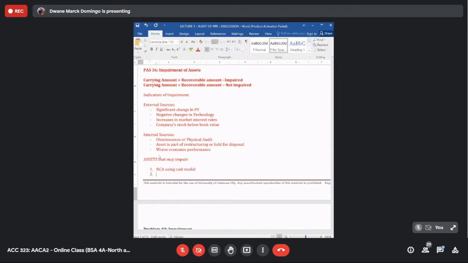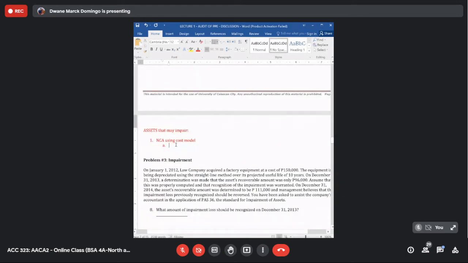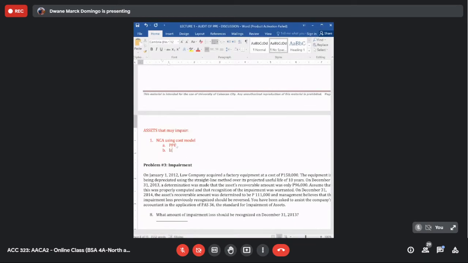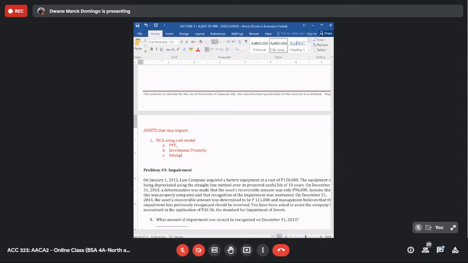So, under this one, ano yung mga asset na that may impair? So, PPE, common example, investment property, ano pa ba? Intangible assets. So, yun yung mga pwede ma-impair under cost model.